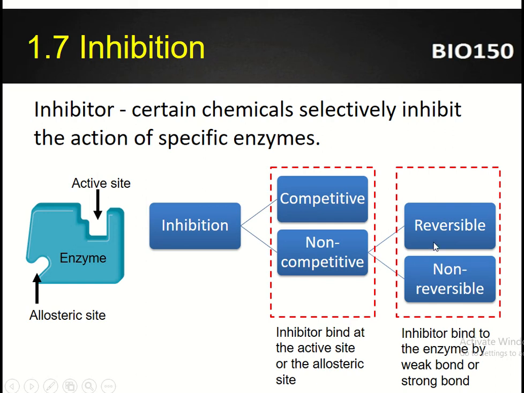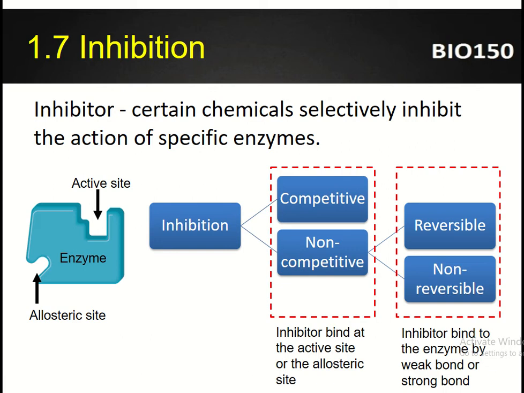The first one is reversible non-competitive inhibition, where the inhibitor will bind to the allosteric site of the enzyme via weak interaction. Meanwhile, irreversible non-competitive inhibition will happen when the inhibitor binds to the allosteric site of the enzyme by a strong bond.